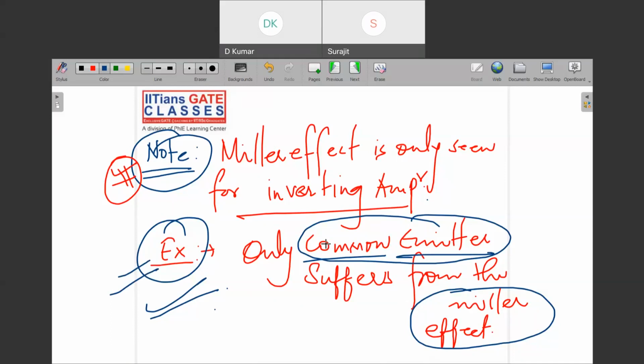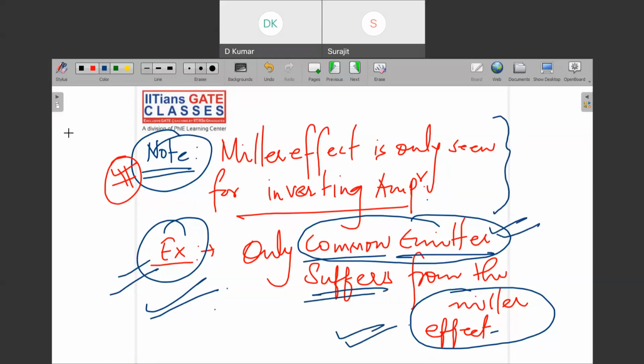In the case of BJT, you will study three kinds of configuration: common base, common emitter, and common collector. Only common emitter suffers from the Miller effect. Why not common base? It is a good question.